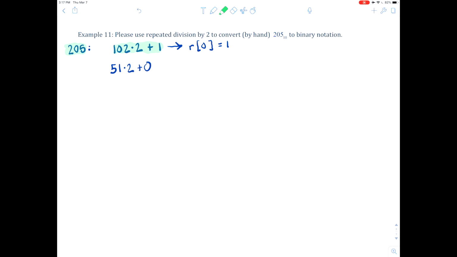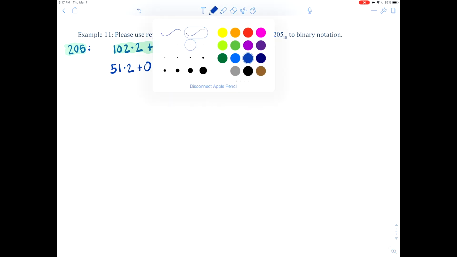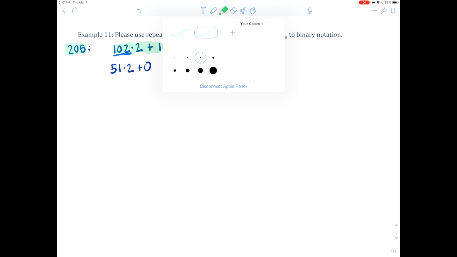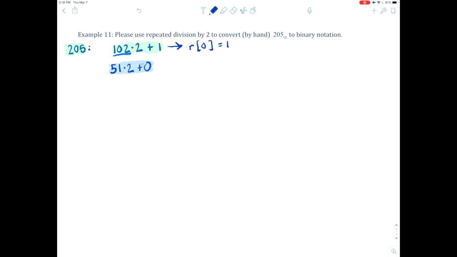So this 102 is equivalent to this quantity. Okay, so this quantity is the 102, but wasn't that multiplied by 2 and then we had a 1 added to it as well?